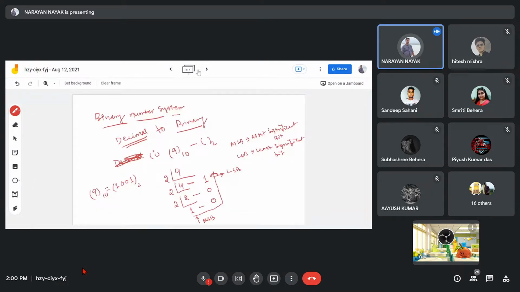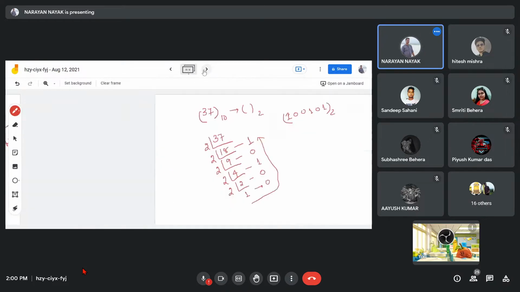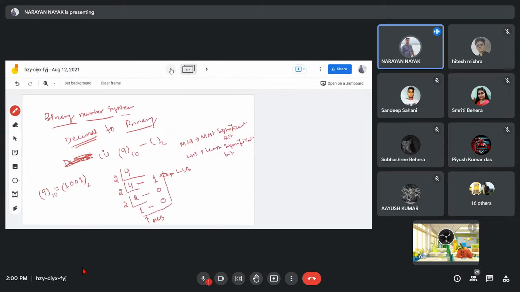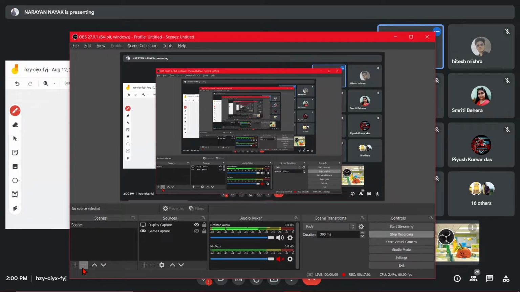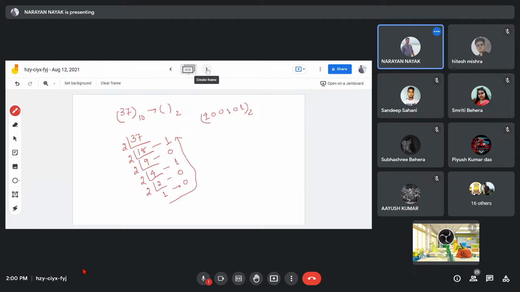I'll tell you another method also to remember this. Let us say you have a 9. For this one I'm doing, you know 2 to power 0. What is this value?